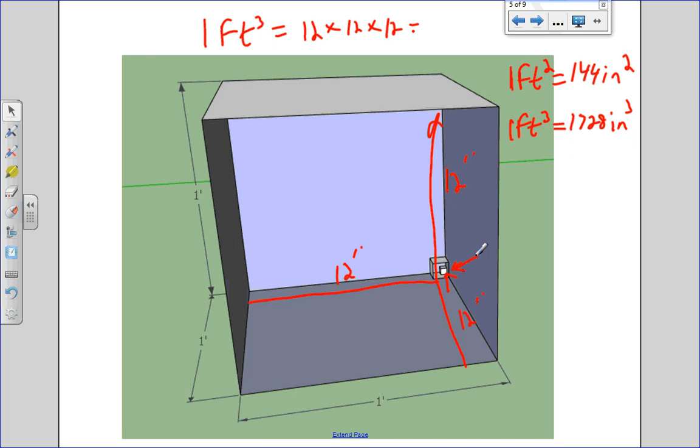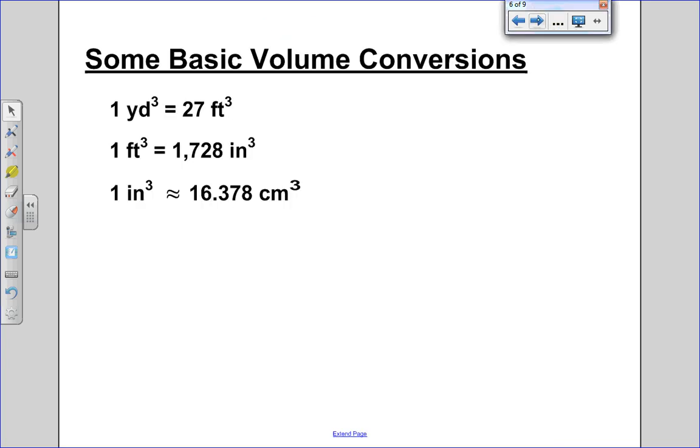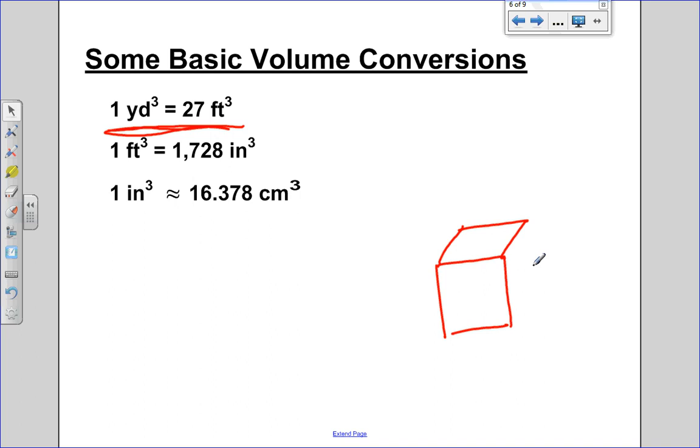Okay? And so what that leads us to is some important conversion factors that we probably should be aware of to make sure that we understand the relationship between the sizes of these various things. I didn't show you a picture of a cubic yard, but a cubic yard would have dimensions that would be 3 feet by 3 feet by 3 feet.